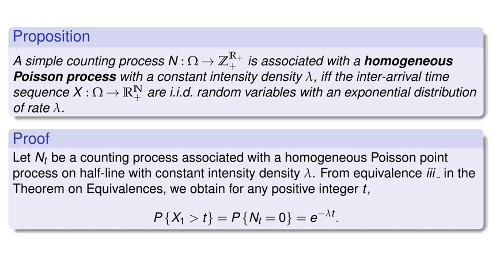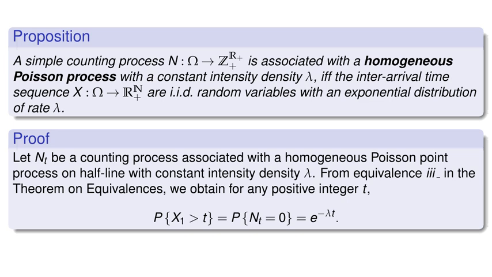Let's look at the proof. First, assume N_t is a counting process for a homogeneous Poisson process on the half line with constant intensity, density, λ. From one of our earlier equivalences, specifically equivalence 3 from the theorem on equivalences in lecture 24, which states that N(A) is Poisson with mean Λ(A), we can determine the distribution of the first inter-arrival time, X_1.